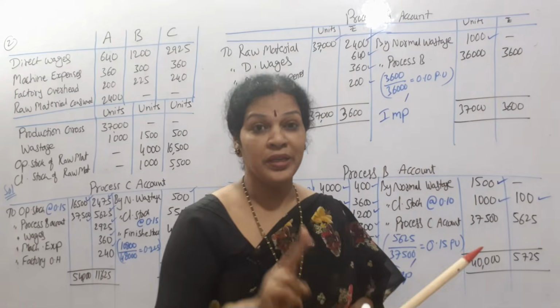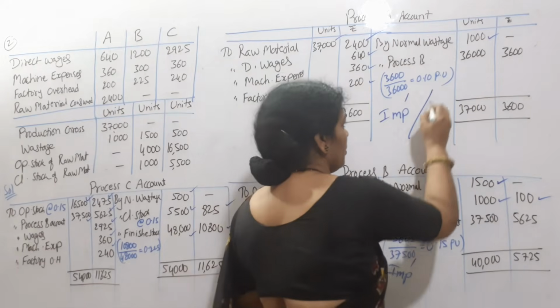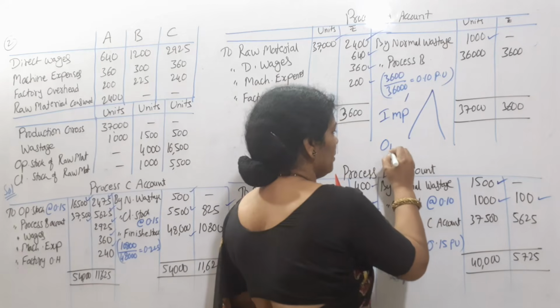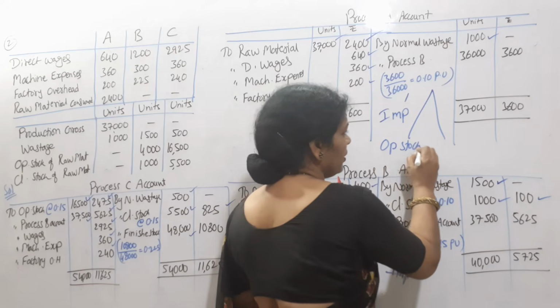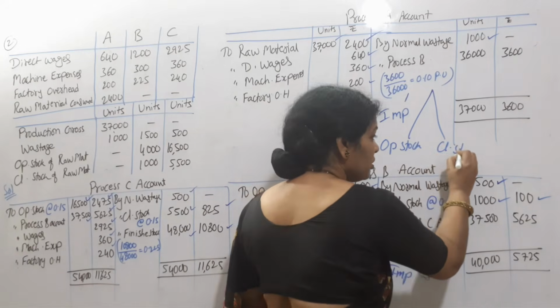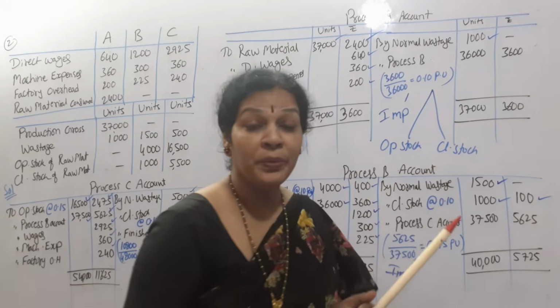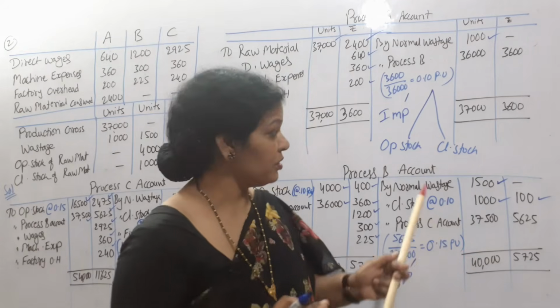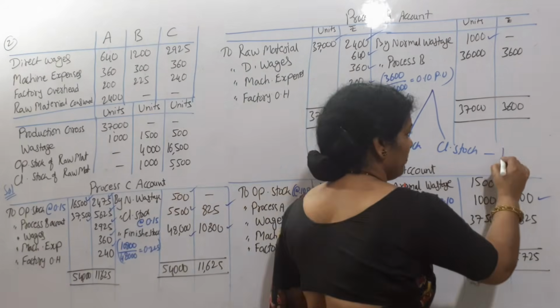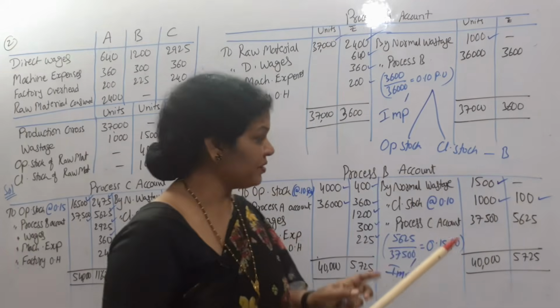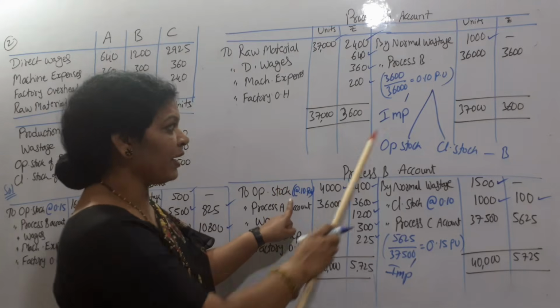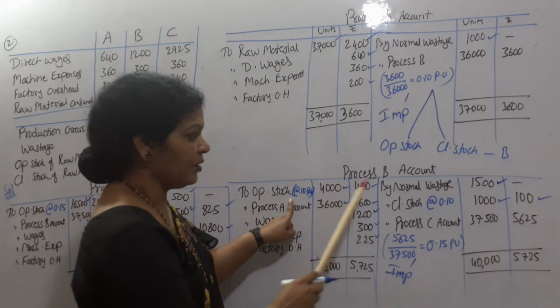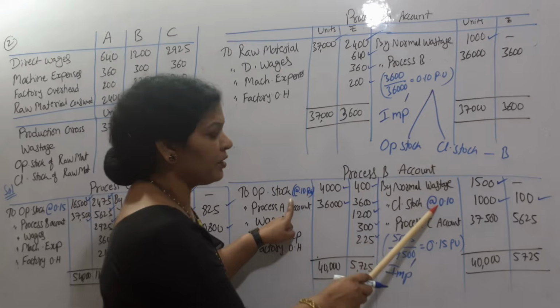This is useful in two ways: one is to calculate the opening stock and the other to calculate the closing stock of the next process, that is, process B. See, opening stock we have calculated at the rate of 10 paisa. Closing stock also we have calculated at the rate of 10 paisa.